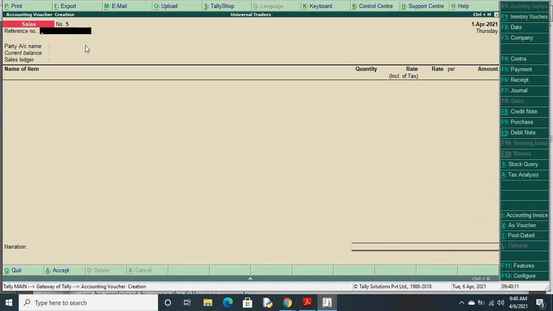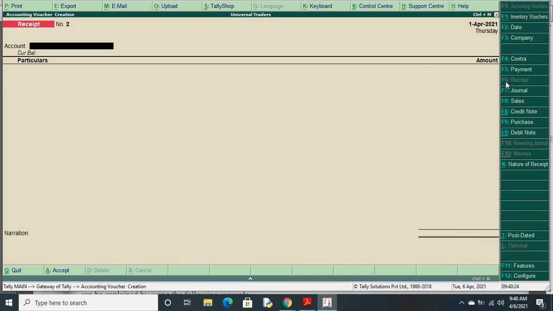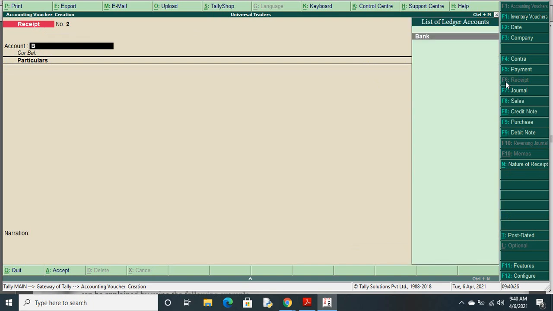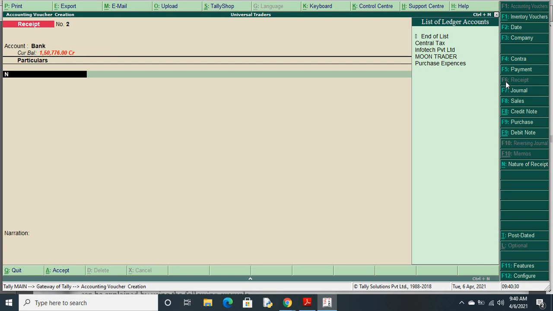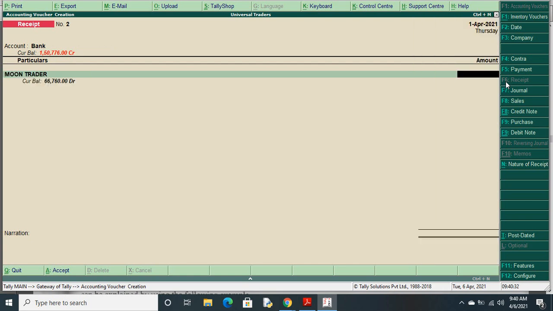Okay, now if we check again, we have to receive that amount. Then if I click on F6 receipt voucher, then select bank from Moon Traders. So 66,760.